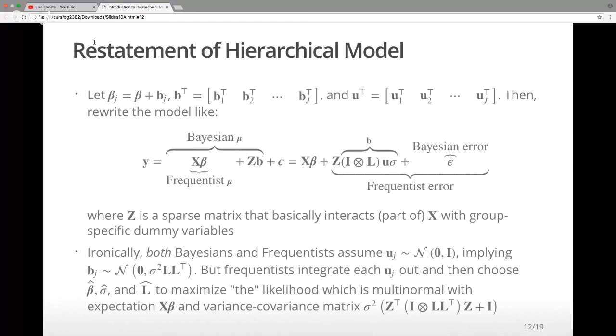Bayesians take these two terms here to be the conditional mean, and what's left over is the error. So Bayesians are conditioning on X and Z, while frequentists only condition on X and let this Z business go into the error term, which induces dependence within group in the errors. Rashika, you had a question?